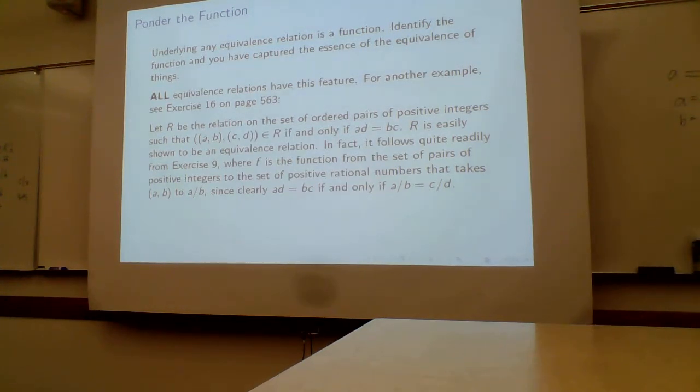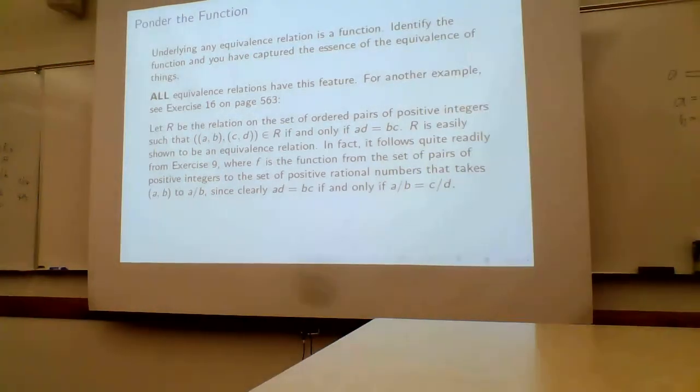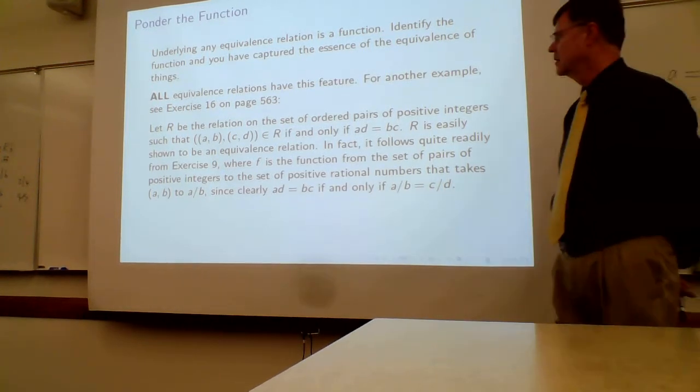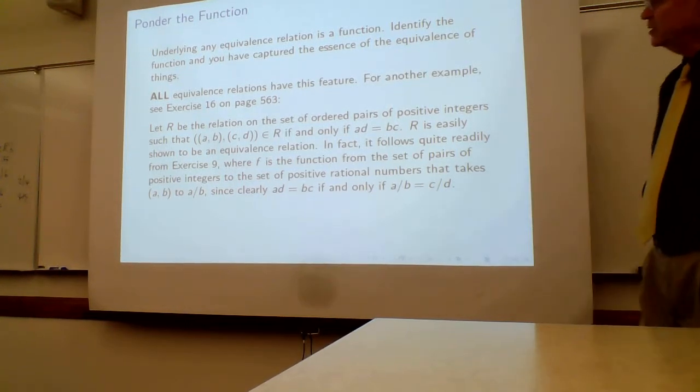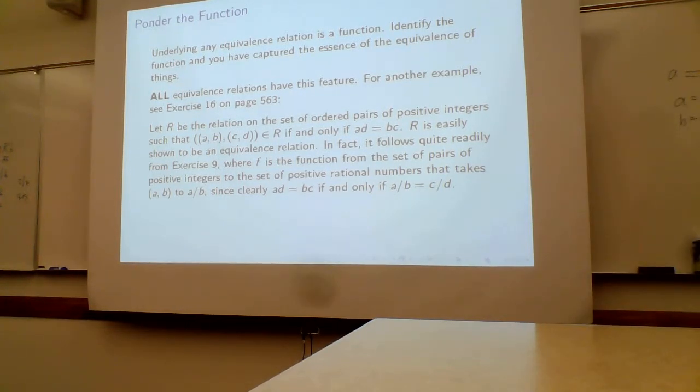it should call to mind something you learned in grade school or maybe middle school. Let R be the relation on the set of ordered pairs of positive integers such that the pair AB and the pair CD, put together as a pair of pairs, is in R if and only if AD equals BC. R is easily shown to be an equivalence relation. In fact, it follows quite readily from exercise 9, where we just have to identify the function.